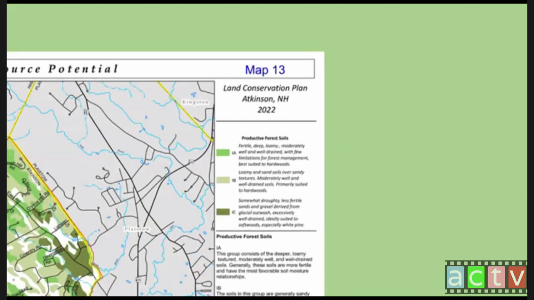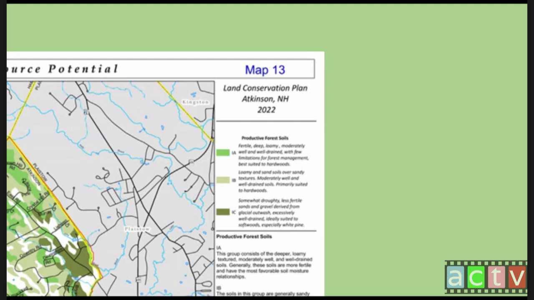The bright green areas contain soils that are well suited for hardwood production, such as oak and maple. The light olive green areas are more sandy than the first category, and although not ideal, can also sustain hardwood production. The dark olive green areas contain soils that are less fertile and drier than the first two areas and are well suited for softwoods, especially white pine.